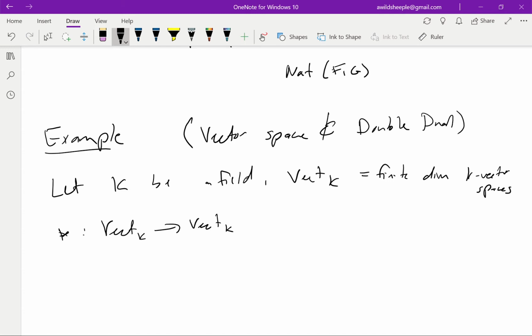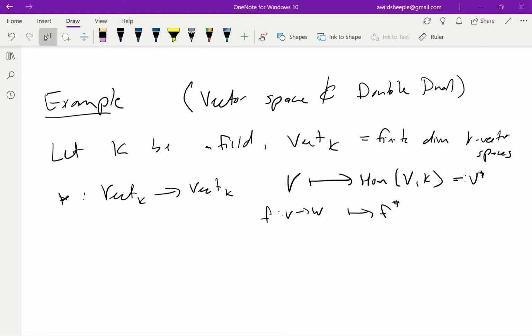What it does on objects is take V and send it to Hom(V, K), which we know is called the dual. And it sends morphisms, linear maps, to the dual map, which we remember as an abstract map is just defined by precomposition, and as a matrix, this is just the transpose.